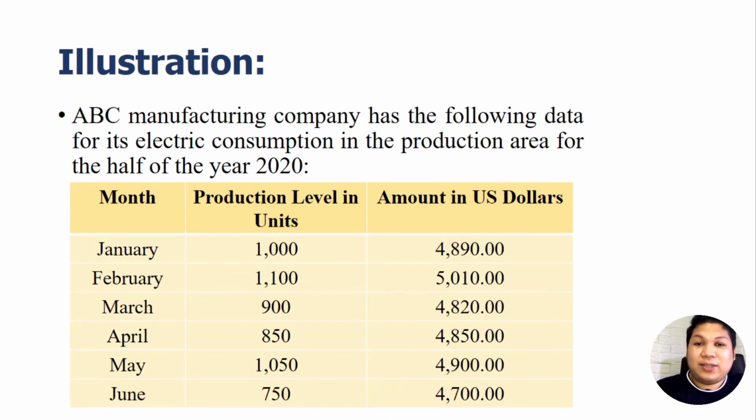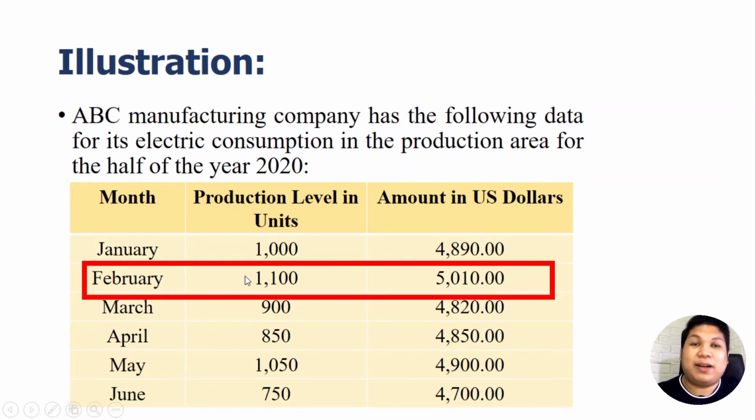So let's again take a look at this problem. The variable that we need to focus on is the value of x. So we will choose the highest and the lowest x values. The highest value of x is 1,100, for the month of February, with a cost of 5,010 US dollars.